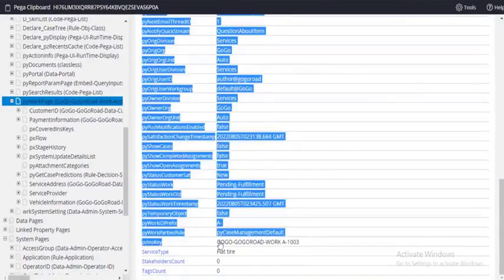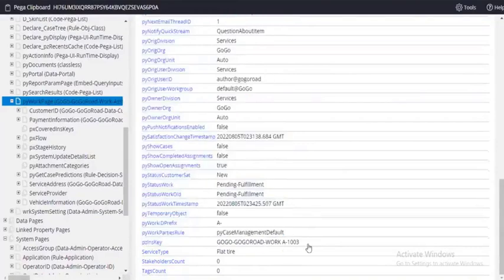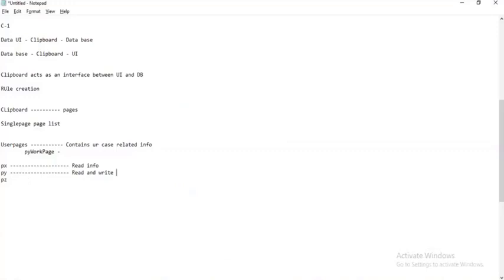PZ properties are used for Pega internal processing. You can also use them, but those are all for Pega processing by the Pega platform or Pega rule engine.